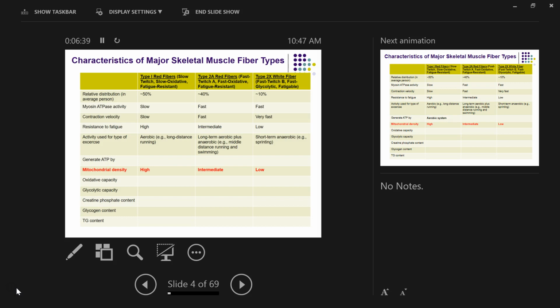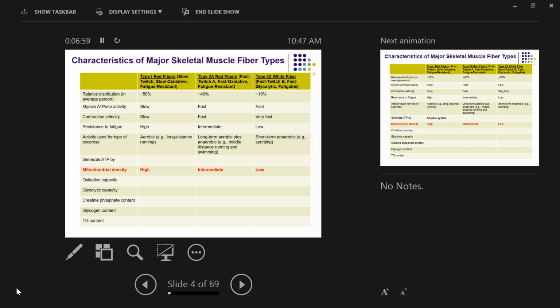And they have different contraction activities. Type 1 red fibers are kind of slow twitch, right? And 2X is faster twitch, very fast.